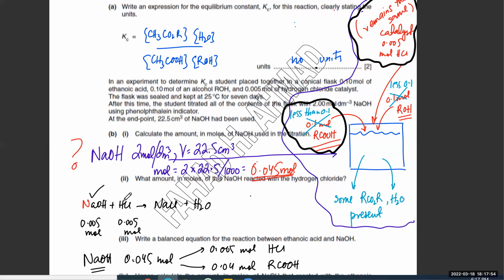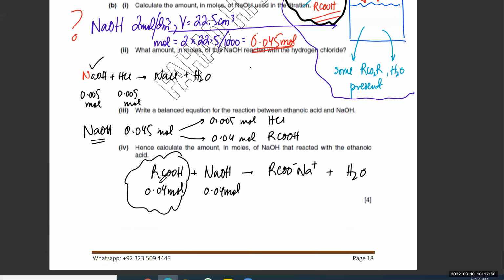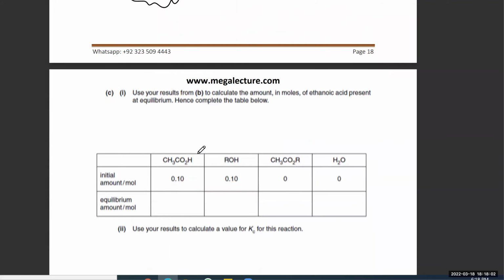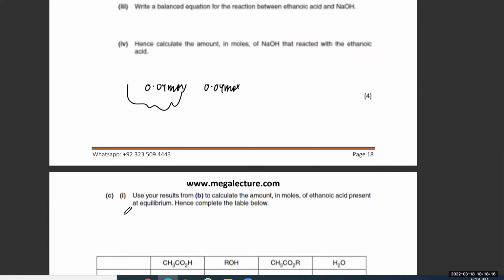But after 7 days, when you did the titration, you figured out कि भाई यहाँ पे तो it's only 0.04 moles of ethanoic acid that's left. So there's a table given that at the start you had added 0.1 moles. But after 7 days you did the titration, and there's only 0.04 moles of ethanoic acid that is present. Initial moles तो 0.1 ही थे. So is this idea clear?